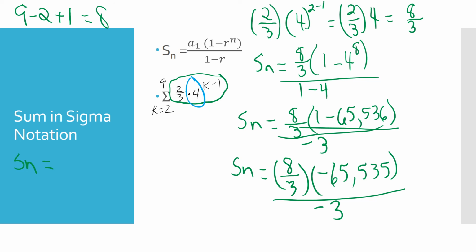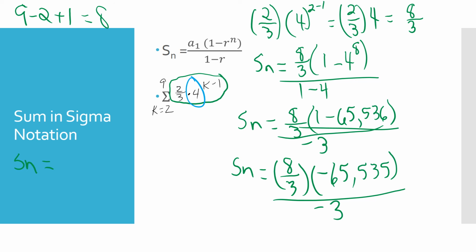And so now I've got negative 17,476. I don't think I got something off here. Oh, well, I see what I did. I did it 8 over 30. I knew something was wrong.